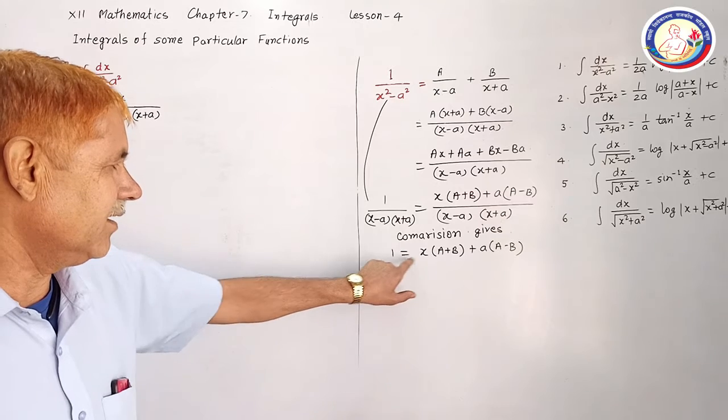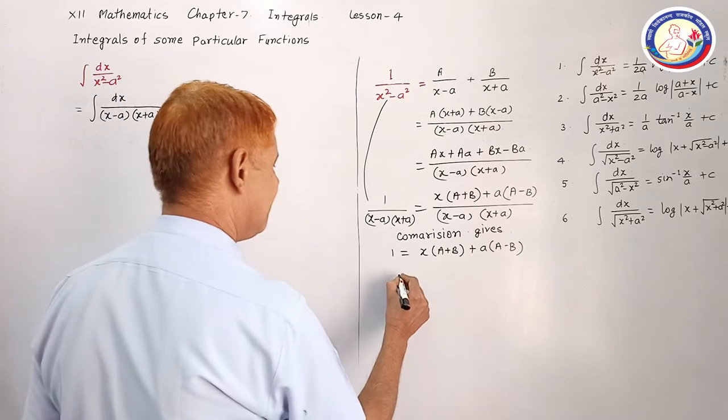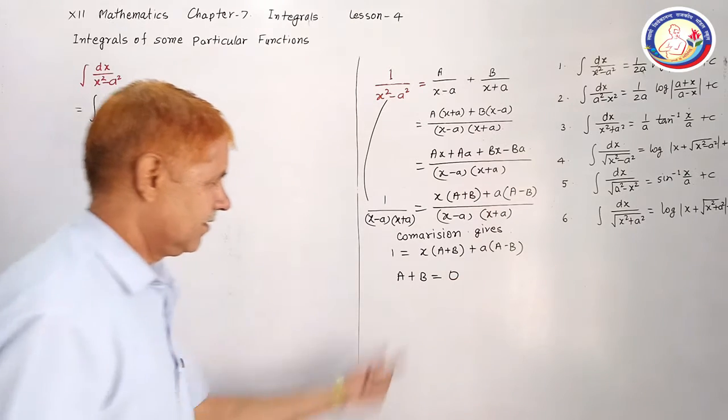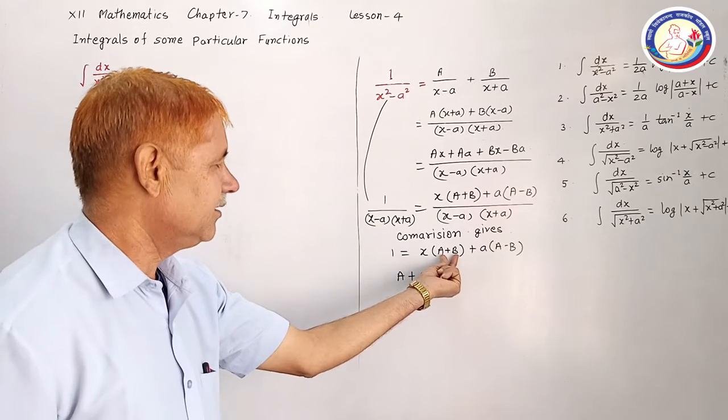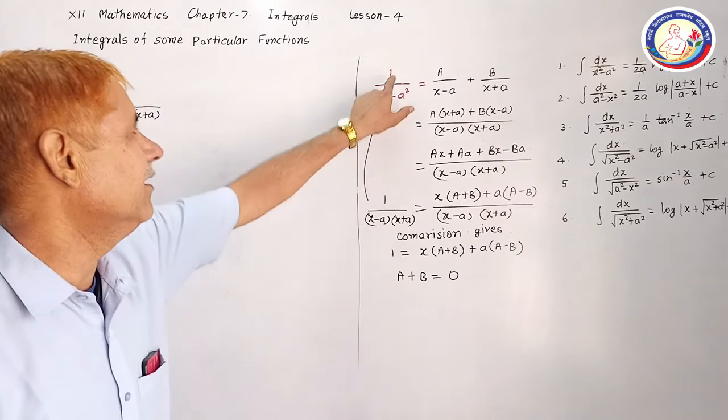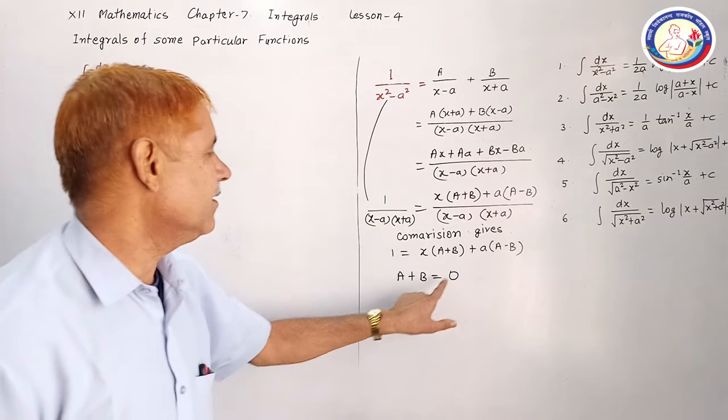No, there is no term containing x. It means A plus B must be equal to 0. This coefficient of x must be 0 because we are not having any term containing x in the numerator here.